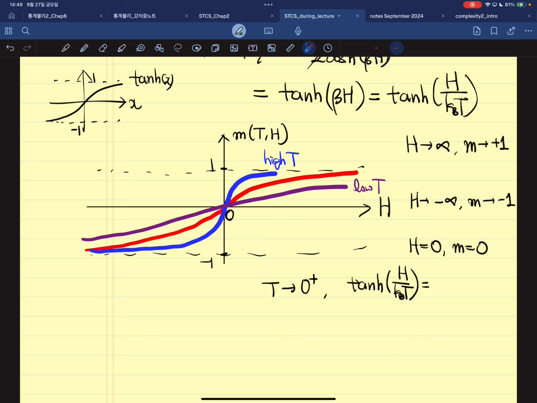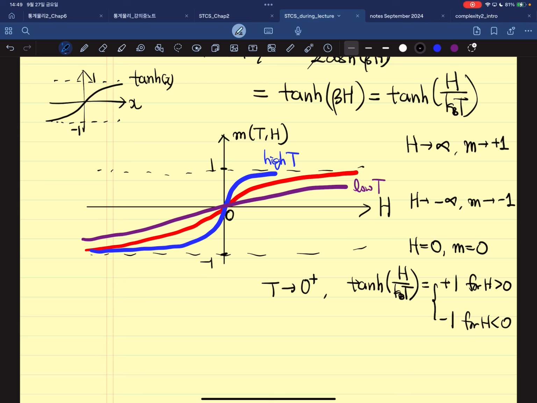Temperature cannot be negative, so temperature is always positive, and this is a positive constant. So if h is positive, then it goes to plus infinity, so it goes to plus 1. But if h is negative, then it goes to the hyperbolic tangent of minus infinity, so it goes to negative 1.